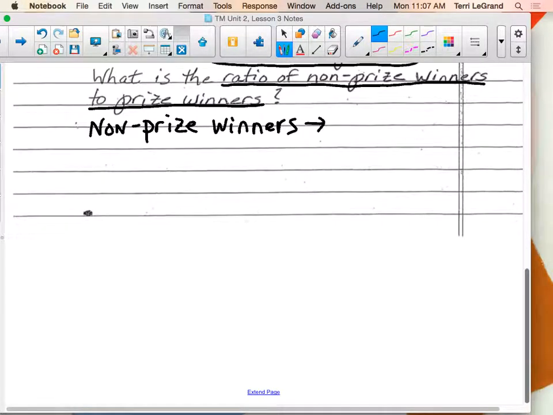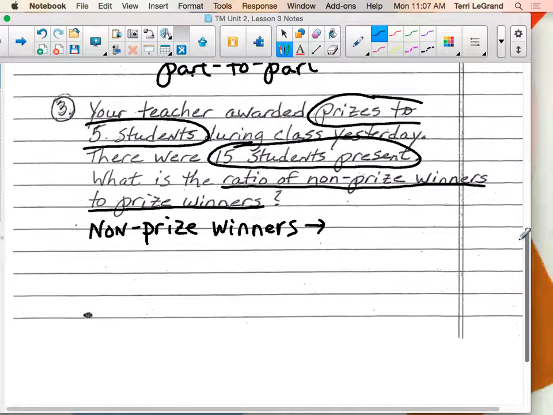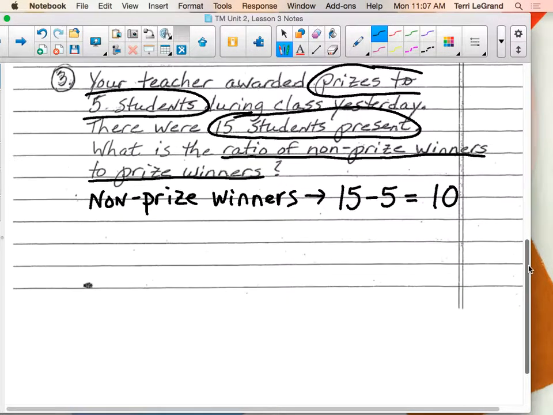So how are we going to get that? We're going to do a subtraction of what? 15 students total. Take away the 5 that got the prizes. How many non-prize winners are there? 10. Okay, now we have to set it up in the correct order according to what they were asking us to compare.